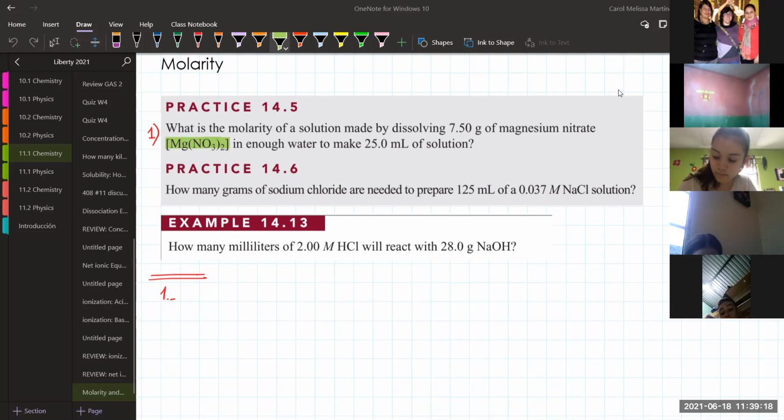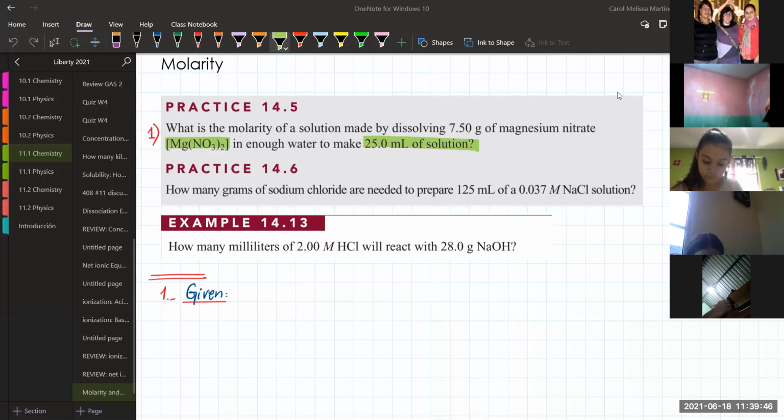the problem is giving me that I have a solution of 25 milliliters, okay?